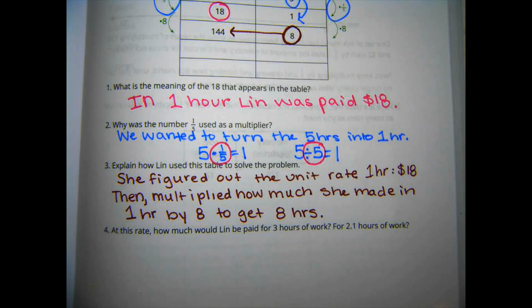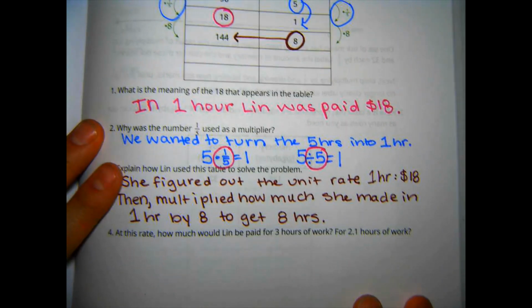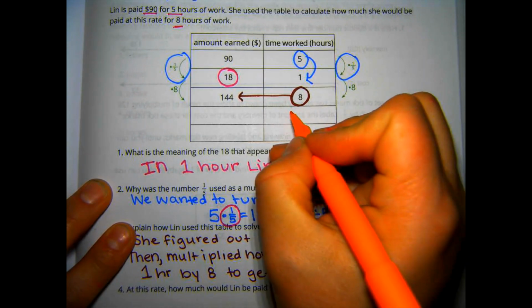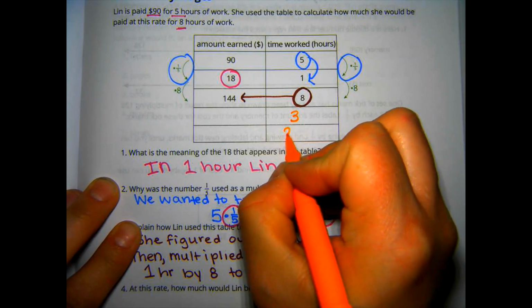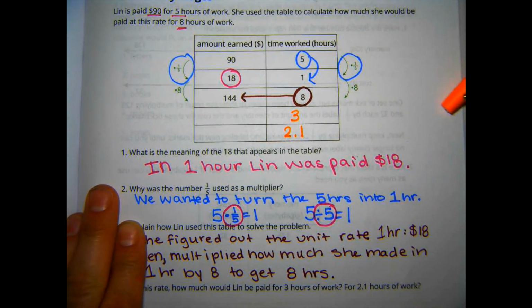Now it's time for number 4. At this rate, how much would Lynn be paid for 3 hours of work? For 2.1 hours of work. So we need to go back up and we're going to put in 3 hours of work and 2.1 hours of work. And let's use something here.